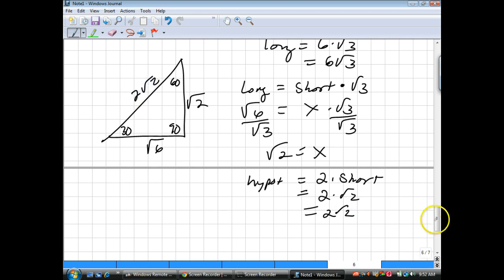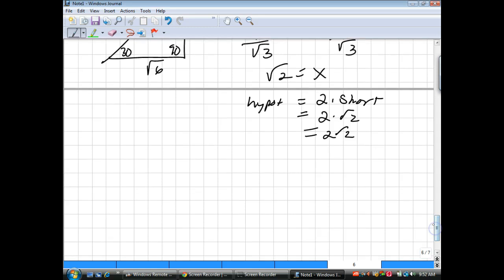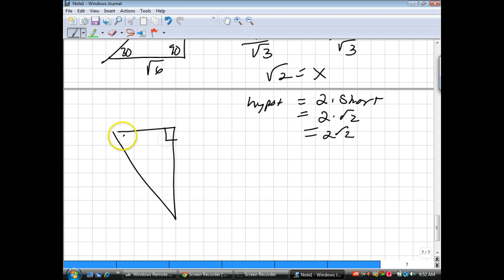Okay, so if I gave you this picture, and I told you this was a 45-degree angle, and this is 12 square root 2. Okay, so this is a 45, 45, 90, and so we know in a 45, 45, 90, the hypotenuse is equal to the leg times square root 2.